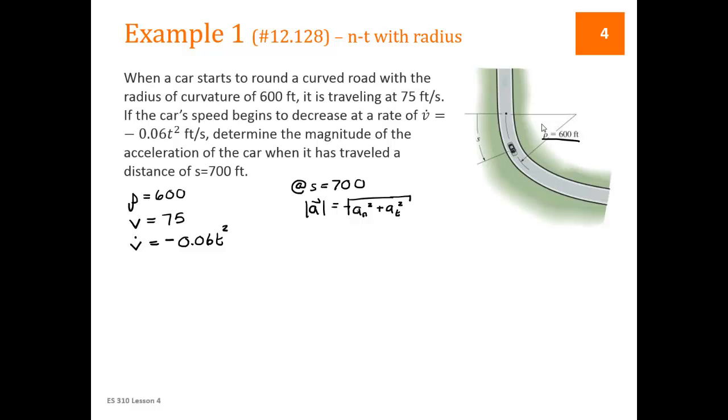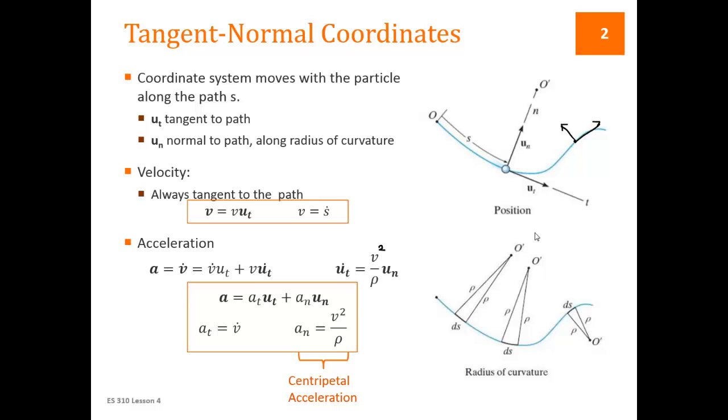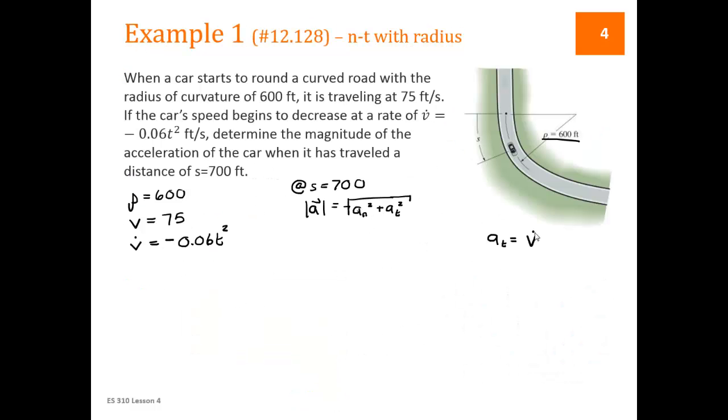Let's remind ourselves of the equations for the normal and the tangential acceleration. The tangential acceleration is v dot, and the normal acceleration is v squared over rho.